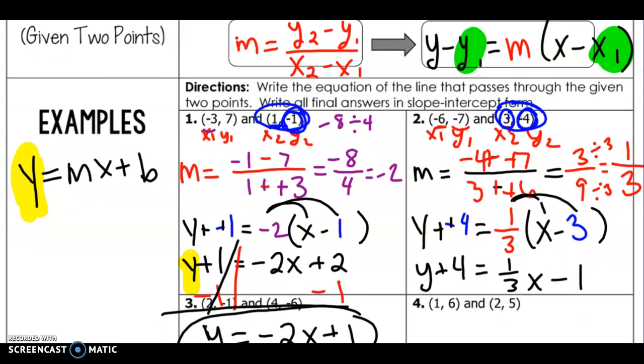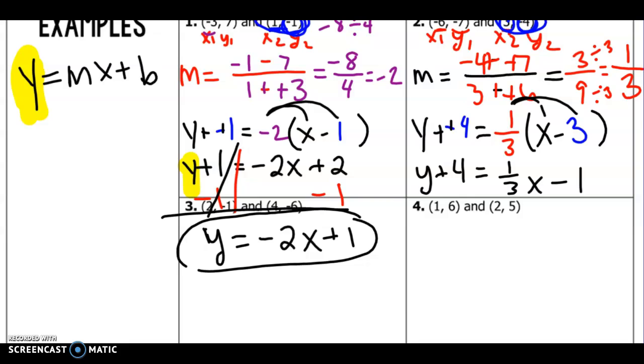In order to get y by itself again, because remember, the whole point is to get this y by itself, so in order to get rid of a positive 4, you switch it, make it a negative 4. You do what you do to one side, you have to do the other. So these cancel out over here. Bring down your y.